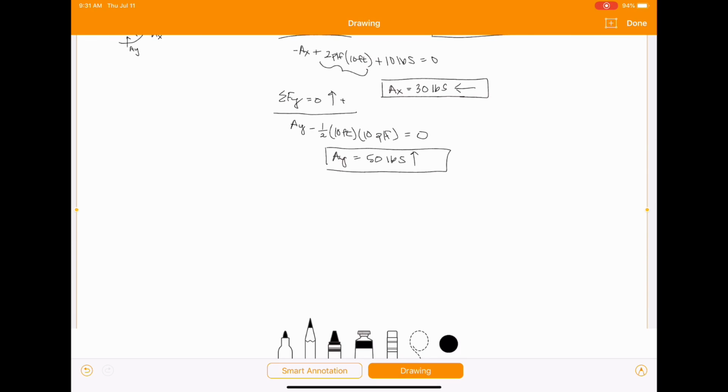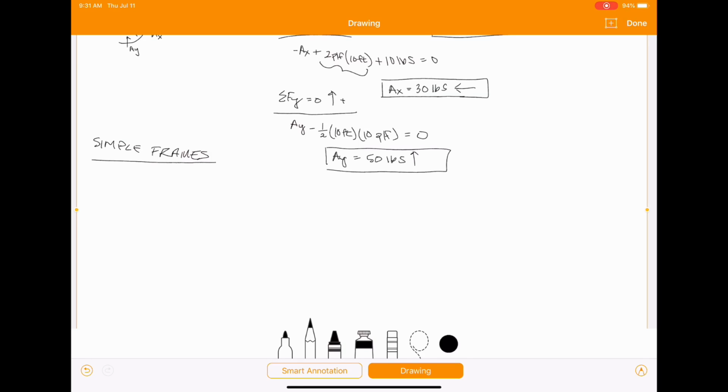So again, not very different from what we did in equilibrium of a rigid body. So now, moving on to simple frames. Let's go ahead and look at a pulley system.